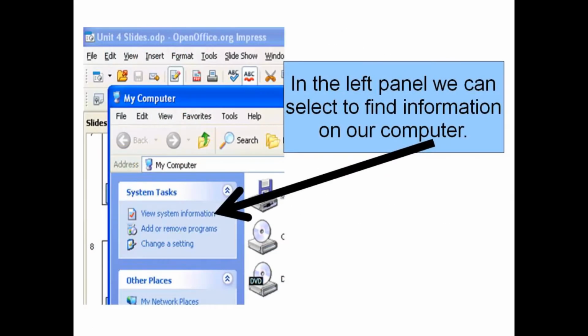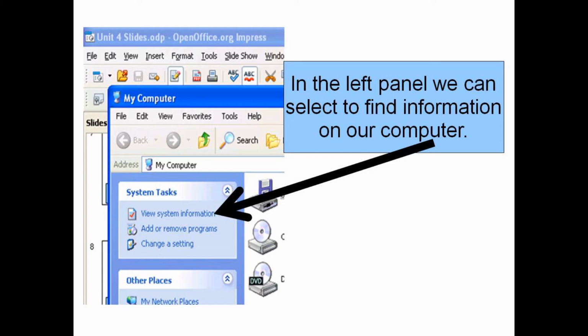In this same window, we're able to make a selection on the left side to view our system information. This is nothing about the disks that are installed on your computer or on the network, either way, but it will give you the general information of what your computer is all about. It is necessary to know what kind of machine you have.